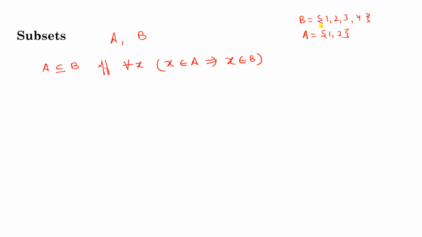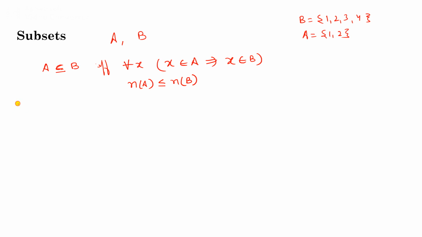All the elements of A are the elements of B. So you can say A is a subset of B. Whenever we use this sign, an equal sign is also there, so two possibilities are there: A may be equal to B, or A is contained in B. So when you say A is a subset of B, the number of elements in A is less than or equal to the number of elements in B.